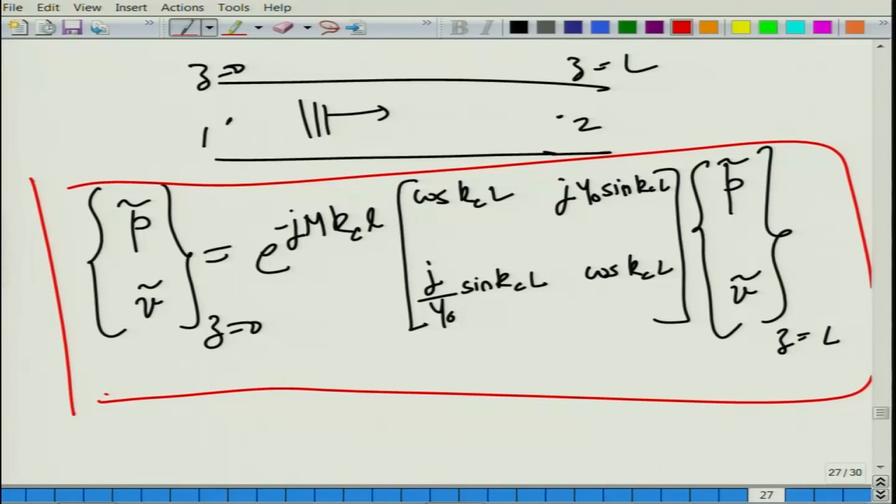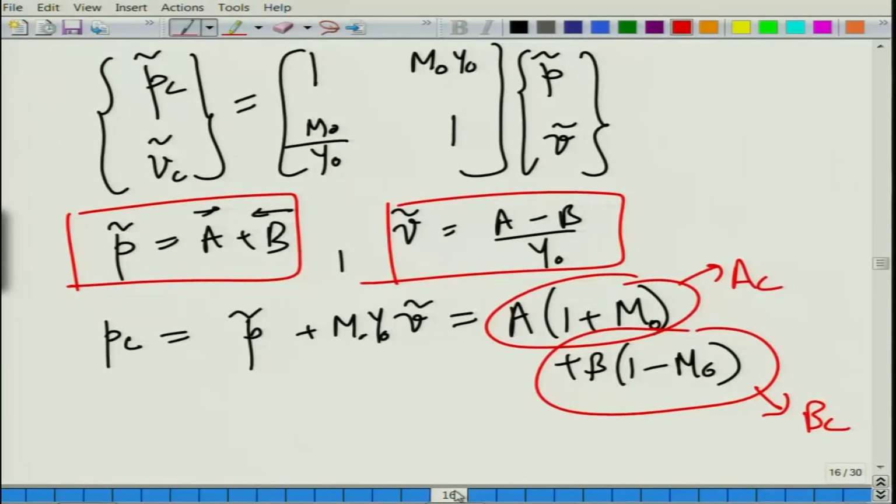So, now what we see is a relation between points 1 and 2 in terms of the mean flow. What we could also possibly do, if you recall the last lecture in this week, is use this relation, this particular matrix. What does it do? It relates the convective variables with the classical state variables.